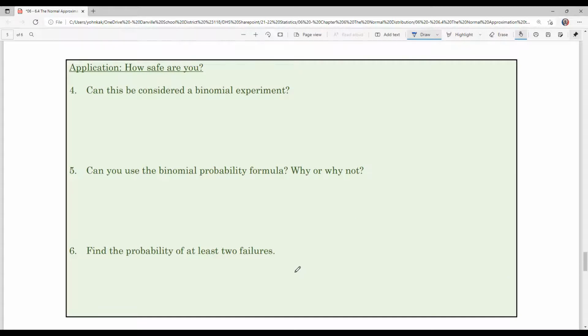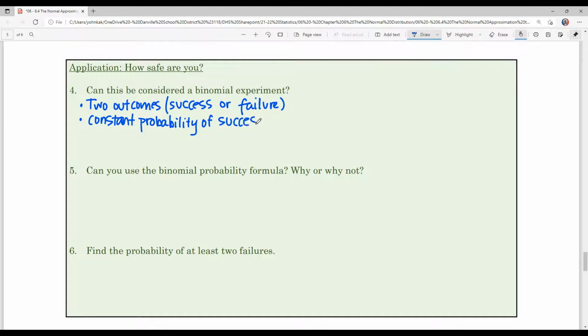Okay, number 4, can this be considered a binomial experiment? Well, there are 4 things that we need to check. First, there are 2 outcomes. We have a success and we have a failure. The second criteria is that we must have a constant success probability, and we do. We have a constant probability of success of 0.97.